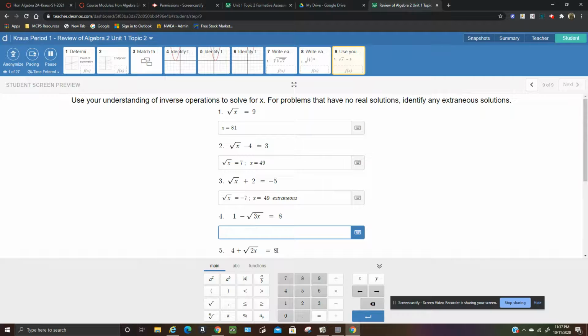And here you have negative square root of 3x equals 7. So the next step would be divide by negative 1. So square root of 3x equal negative 7.